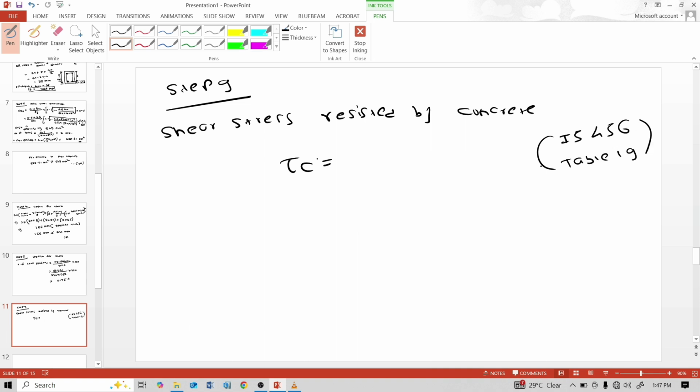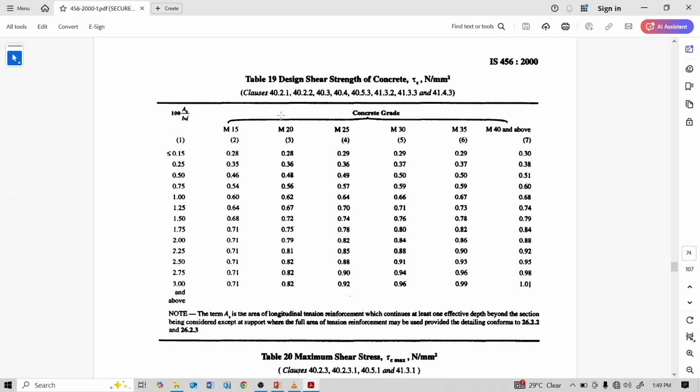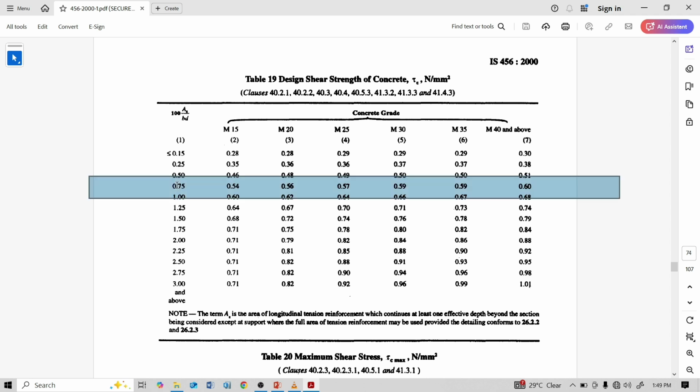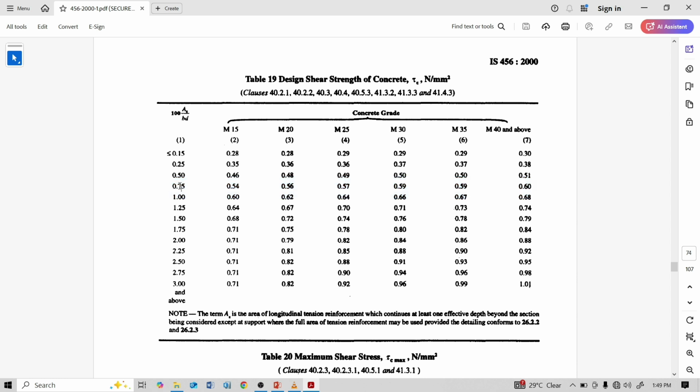I show you IS 456. Wait a minute. Shear stress resisted by concrete, tau c value we get from table 19 of IS 456. So our percentage of steel provided value comes 0.75 percent, and our concrete grade is M25. M25, 0.75. So our tau c comes 0.57.